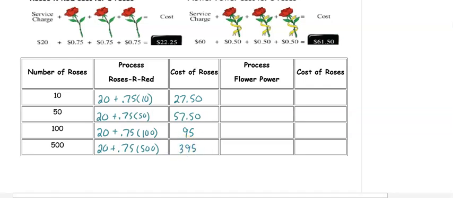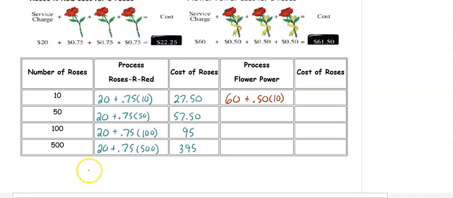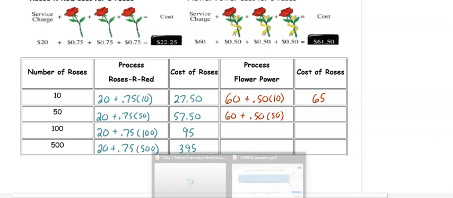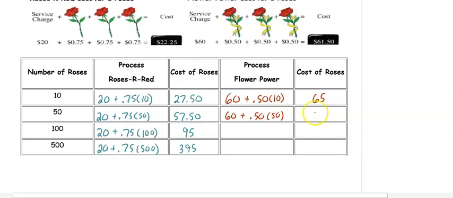Now, if we look at the other company, Flower Power, it is going to charge a service charge of $60 plus 50 cents per rose. So if we're getting 10 roses, it's $60 plus 0.50 times 10. That would get us $65. If we do 60 plus 50 cents times 50 roses, that would get us $85.